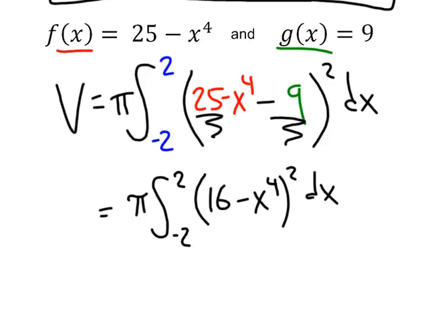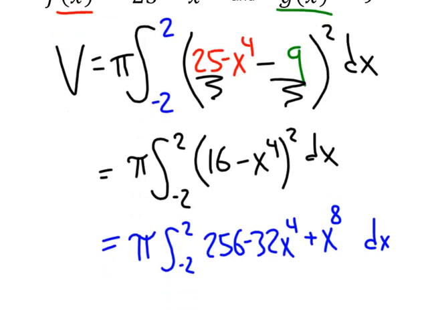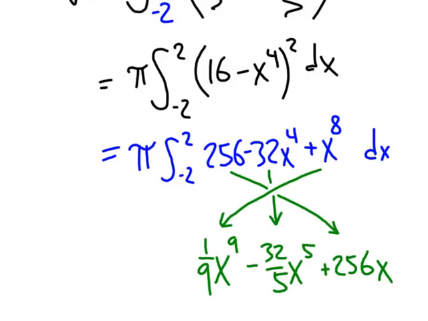And if I FOIL that out, we'll get 256 minus 32x to the fourth plus x to the 8. We'll antiderive that and get this from -2 to 2 with a pi multiplied outside.